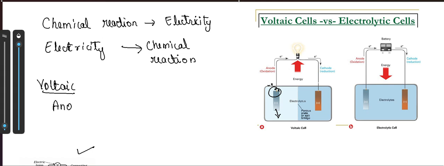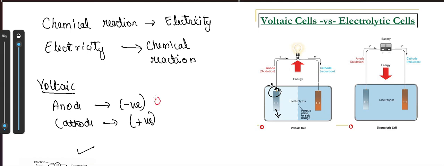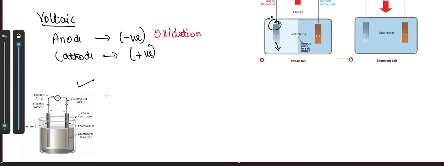So the anode will be negative, whereas the cathode will be positive. The reaction that occurs at the anode side is an oxidation reaction. So oxidation occurs and that oxidation causes the electrons to be released, because of which the anode is negative.